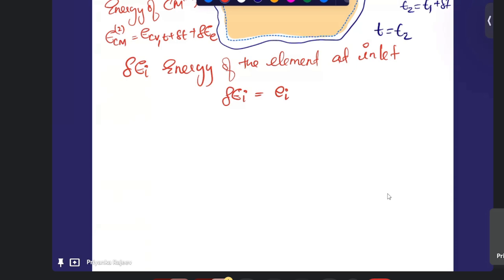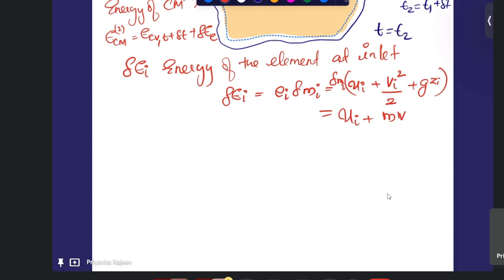Okay, that you can also take in this way: it is equal to specific internal energy plus kinetic energy from the velocity of the element entering plus potential energy, times delta mi. Or directly you can also write it as capital Ui plus m vi square by 2 plus m g zi.